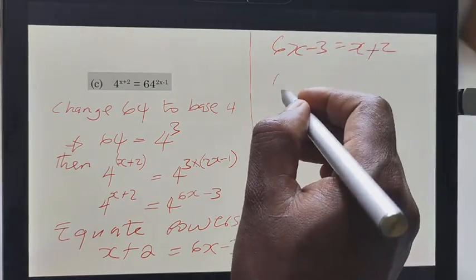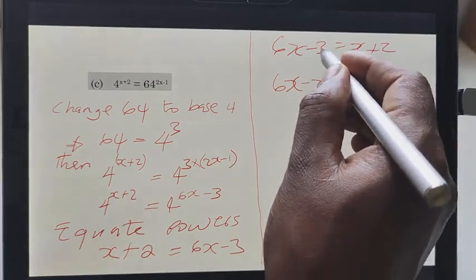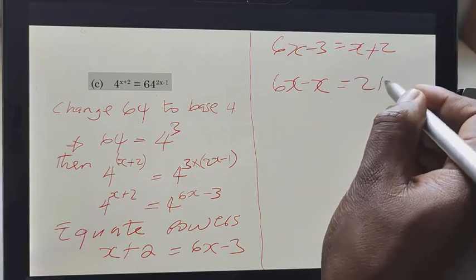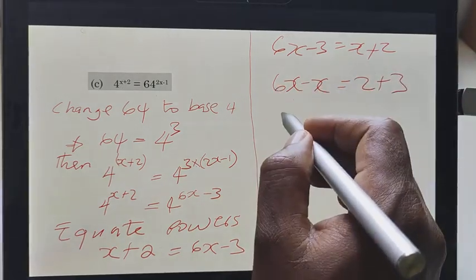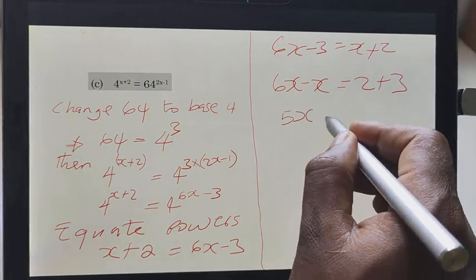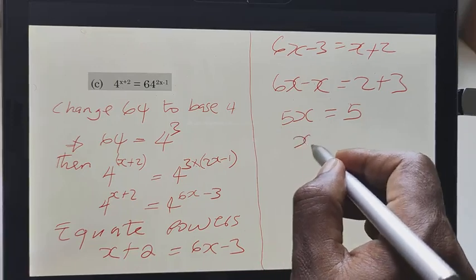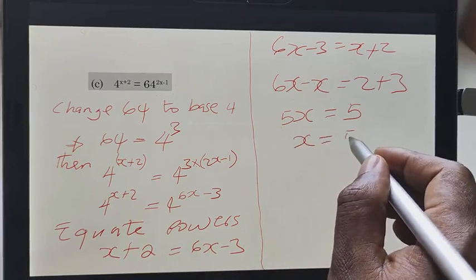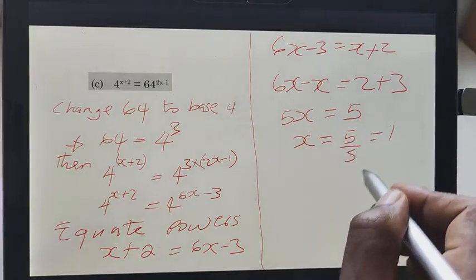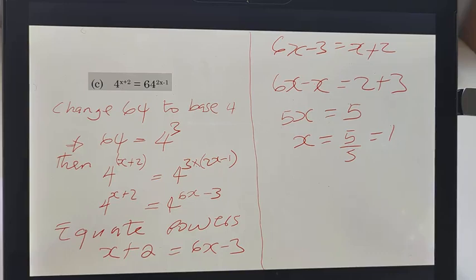If x comes this side, it will be negative. It will be 6x minus x, and the 3 will be 2 plus 3. So 6x minus x, you have 5x, which is equal to 5. And x will be equal to 5 over 5, which is equal to 1. So that's the value of your x.